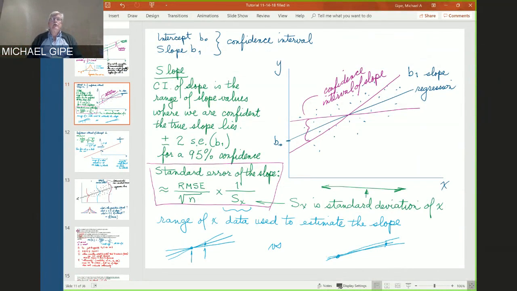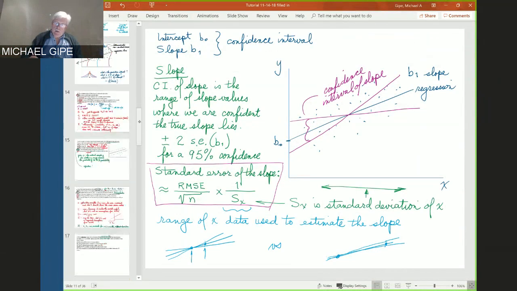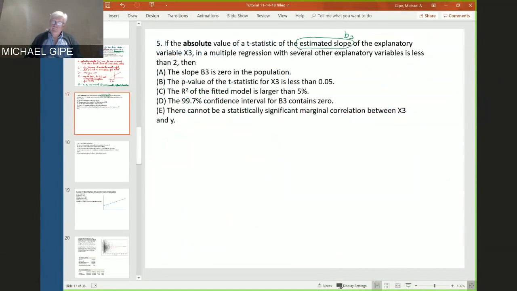How many standard errors is the slope away from 0? We don't care whether the slope is positive or negative, away in a positive or negative direction from 0, so we're looking at a two-sided t-test.